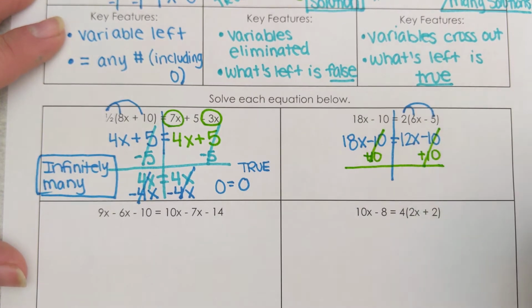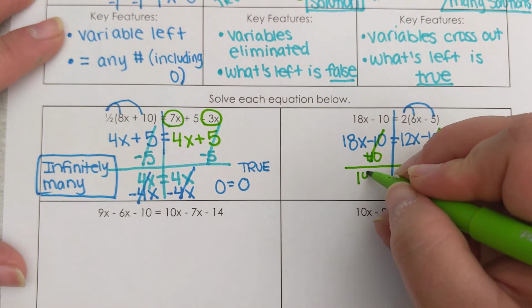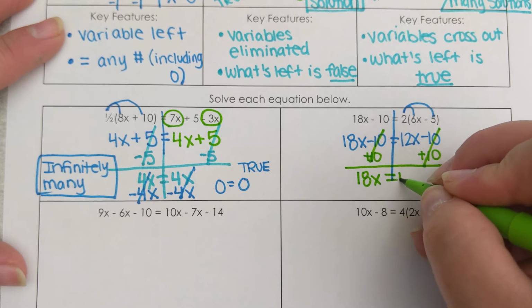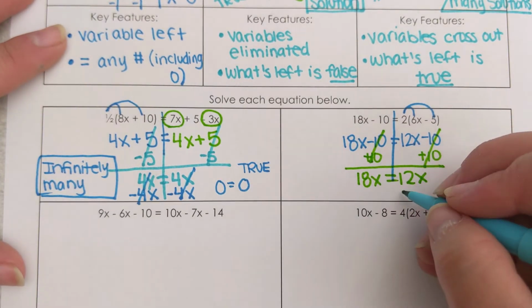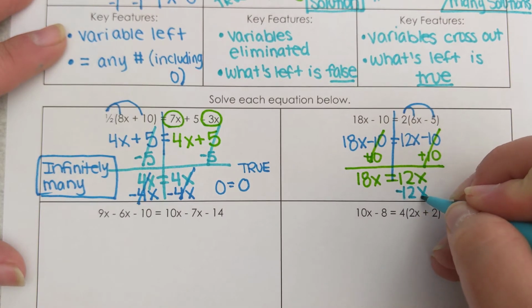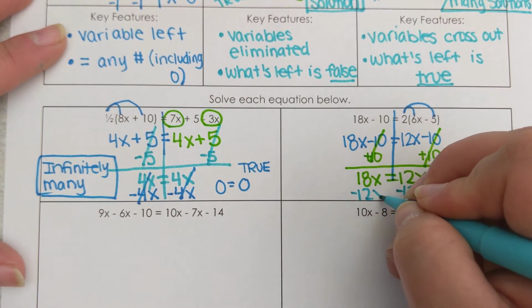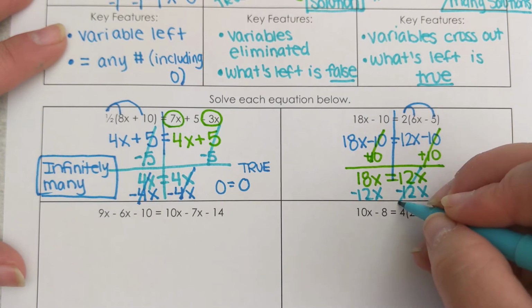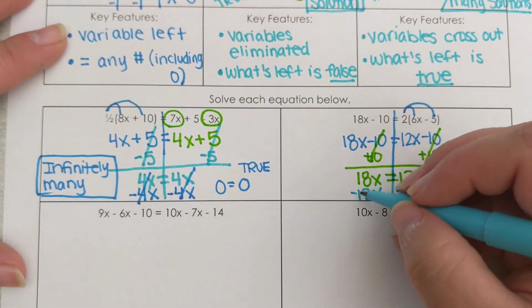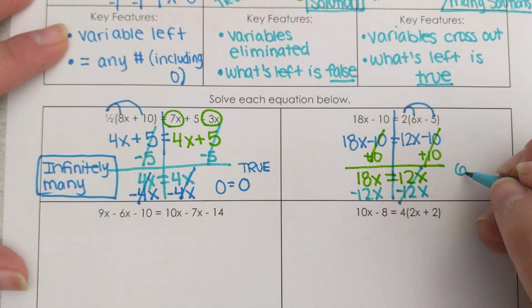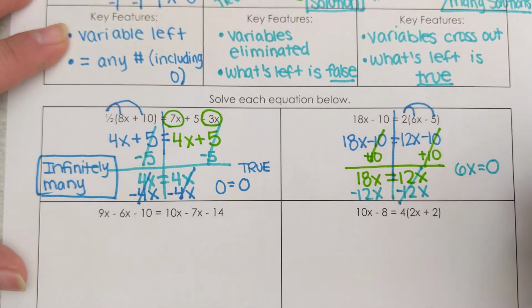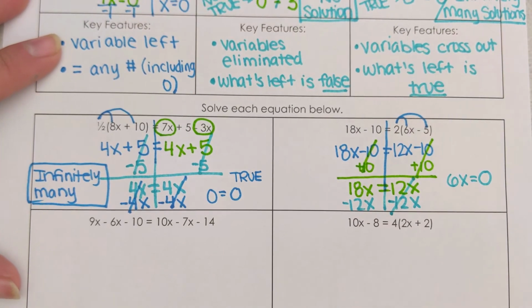And look, they both cancel out. 18x equals 12x. Okay, I'm going to subtract these 12x's over to this side. So they cross out. And over here, 18 minus 12 is 6x.